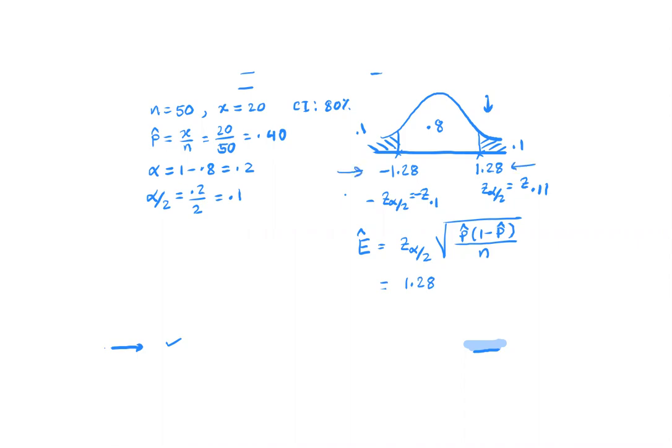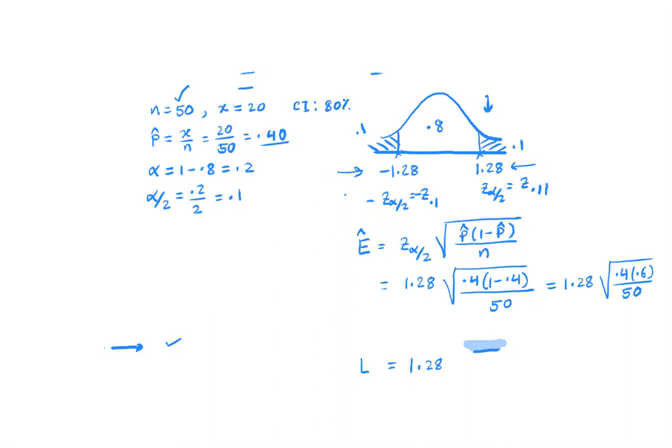We take the positive value, remember. And p hat is 0.4, so 0.4 times 1 minus 0.4, all of it divided by the sample size, which is 50. If you do the math, it's going to be 1.28 times square root of 0.4 times 0.6, which is 0.24, all of it divided by 50.